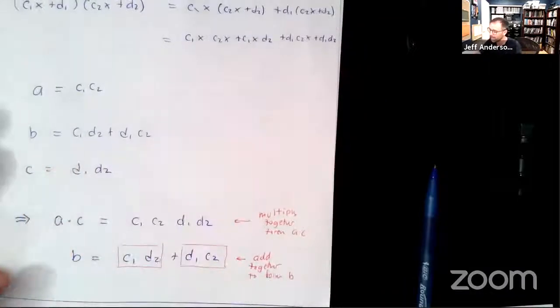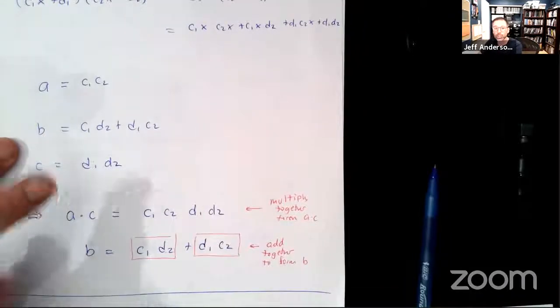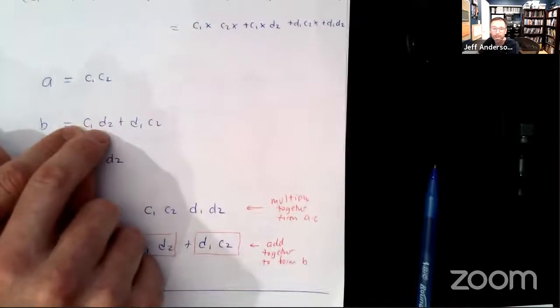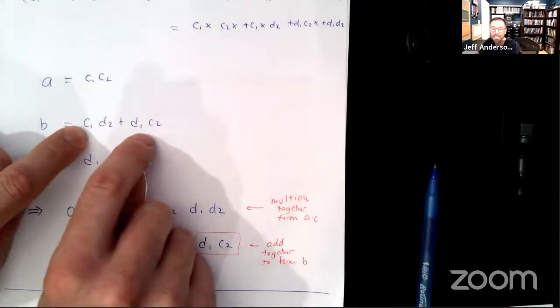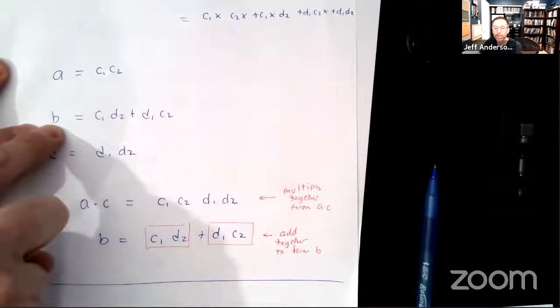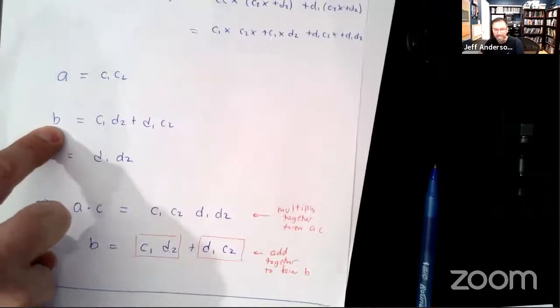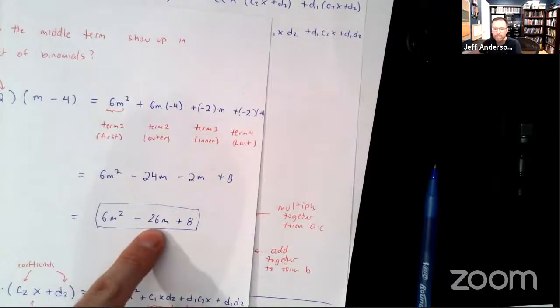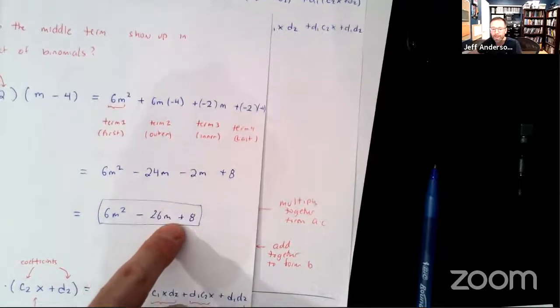So in other words, if I want to know how to split, I can ask myself the question, find two numbers, a number c1 d2 and a separate number d1 c2, such that when I add the two numbers together, I get the coefficient b, the linear factor, the thing in front of just the variable to the first power.